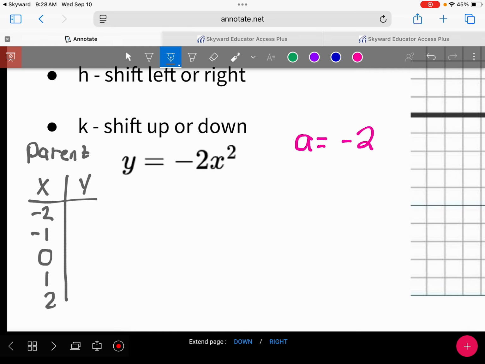So we have negative 2, negative 1, 0, 1 and 2. And our parent function will always be the same. For quadratics, it's always going to give us a 4, 1, 0, 1, 4. 2 squared is 4, 1 squared is 1, 0 squared is 0, negative 1 squared is 1, negative 2 squared is 4. We do not need to graph the parent function with it.